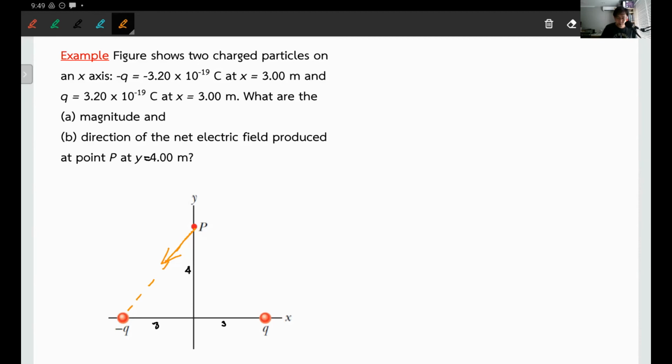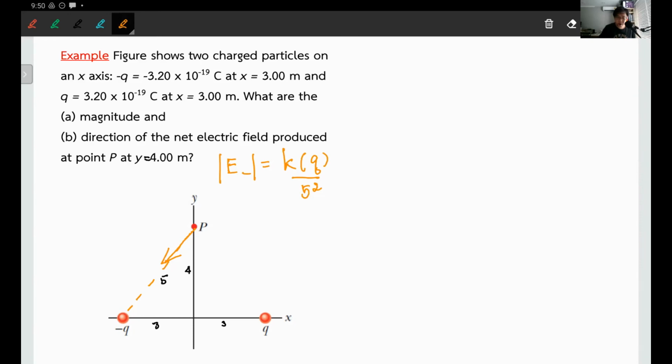Let me name this E negative. What is the magnitude? It's K times Q divided by, of course, it's 3, 4, this must be 5, so it's going to be 5 squared. You guys with me? So now you get that left side charge's electric field done.